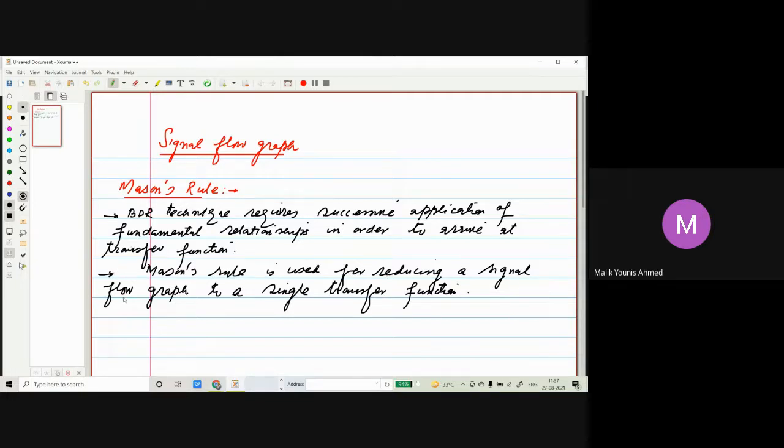So Mason's rule is basically used for reducing a signal flow graph to a single transfer function, which requires the application of a formula.